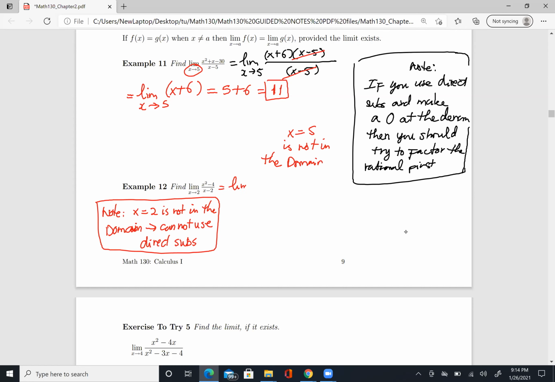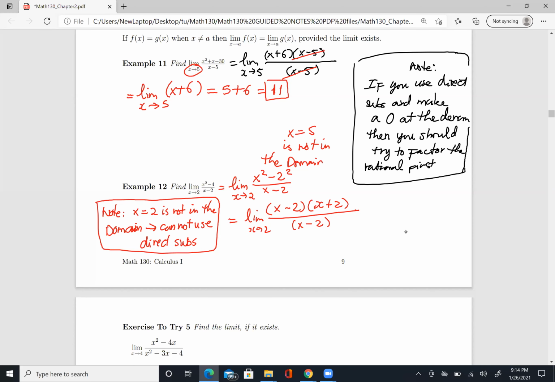So I have the limit for x going to 2 of, the top now you see is a difference of squares, so it's x squared minus 2 squared over x minus 2. I can rewrite it as the limit as x goes to 2 of (x minus 2) times (x plus 2) over (x minus 2).